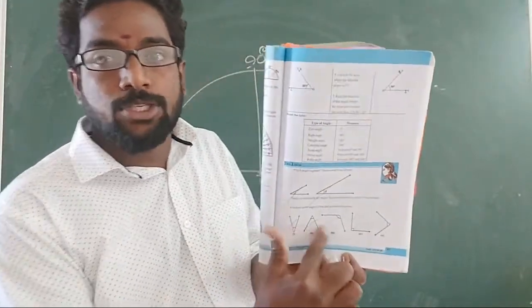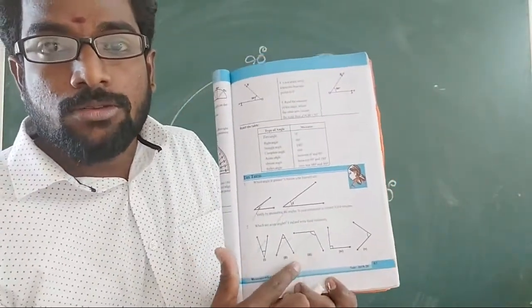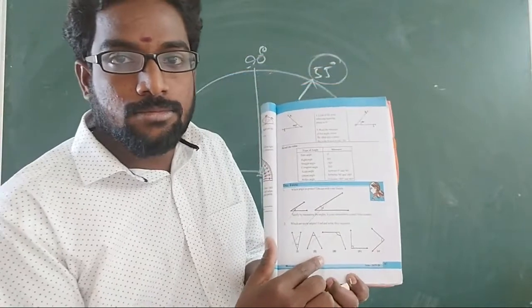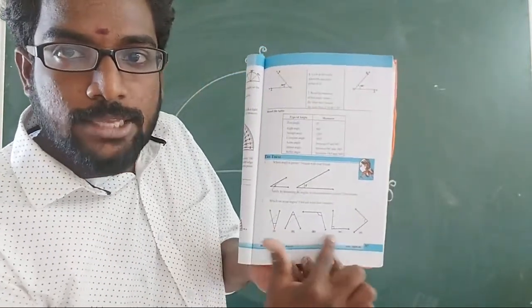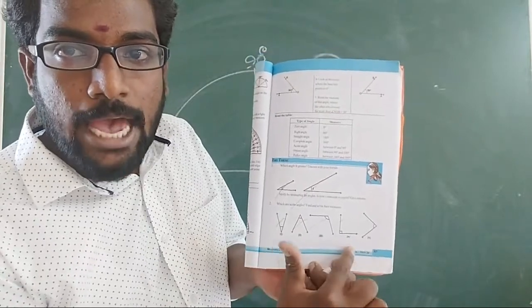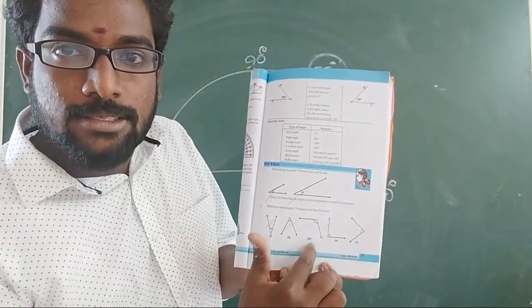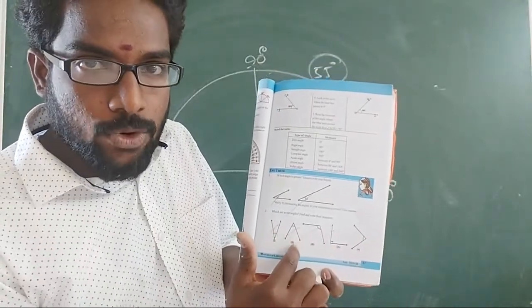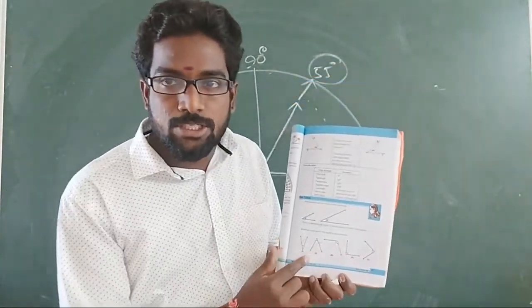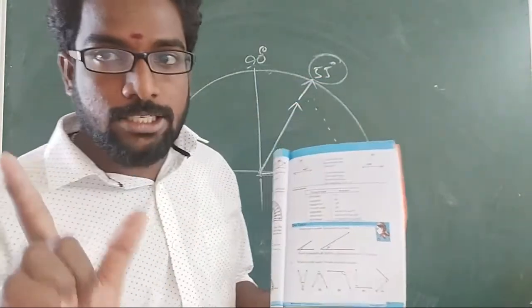Here we have different types of angles as given in the textbook. Just look at the angles and write which are acute angles and which are obtuse angles, just by measuring them, okay? How will you measure? By using a protractor.